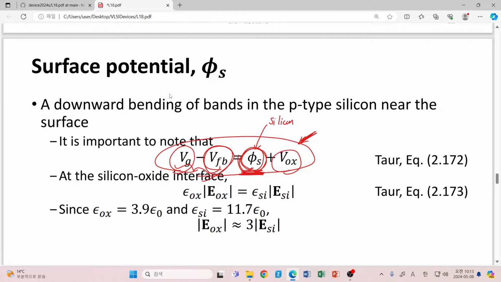So our next goal is to find an expression for this bending inside our silicon substrate. It determines all of our MOS behavior, the MOS capacitor. So I think that if you can understand this equation, then today's lecture was quite successful.